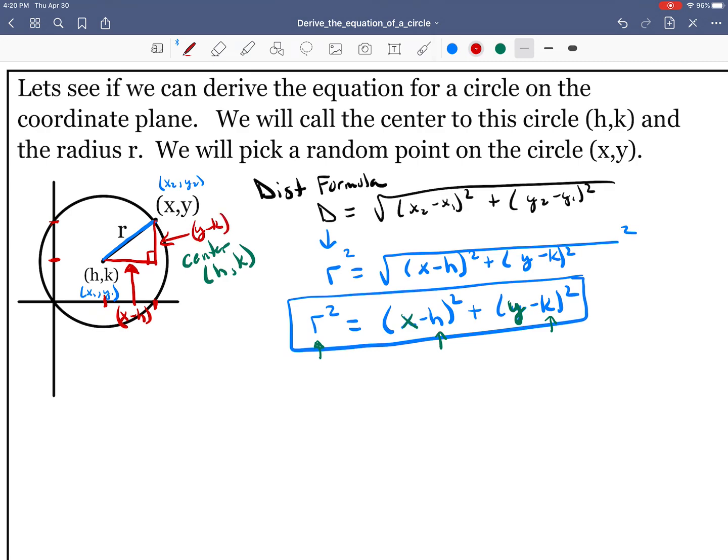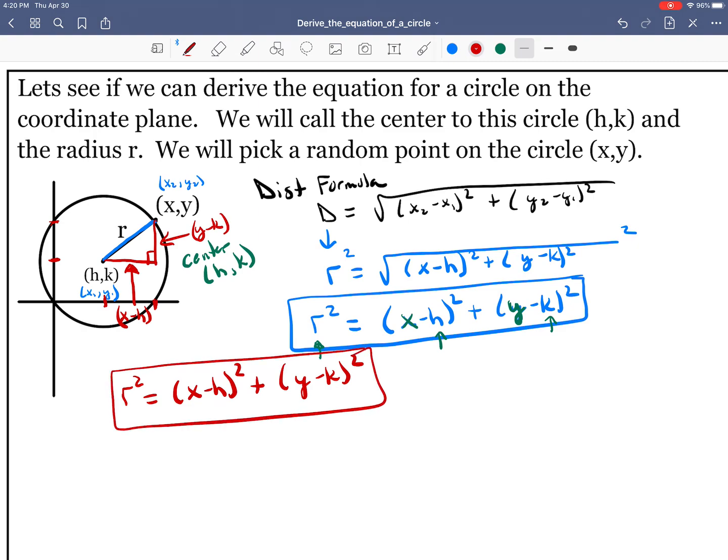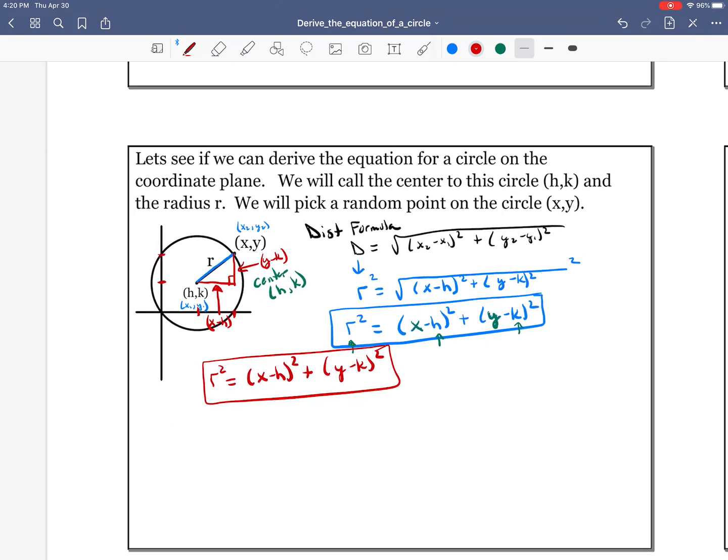So if I were looking at it as a Pythagorean theorem, I would get that r squared, the hypotenuse squared, is x minus h squared, that's one of the legs, plus y minus k squared, that's the other leg. So you can also see that from the Pythagorean theorem, you get the exact same thing. This is what we call the equation for our circle on the coordinate plane.